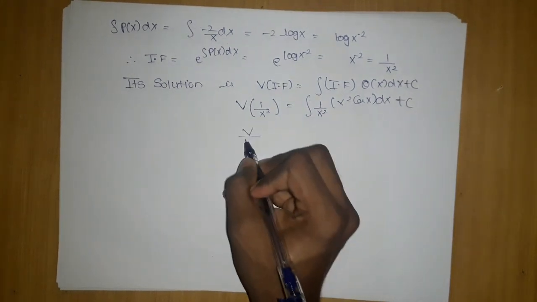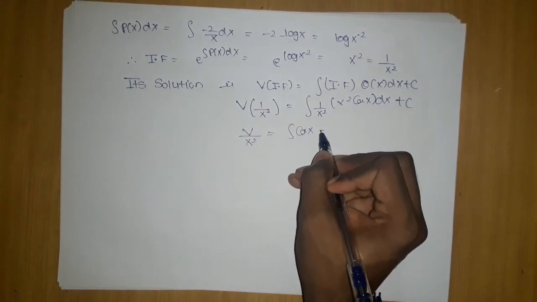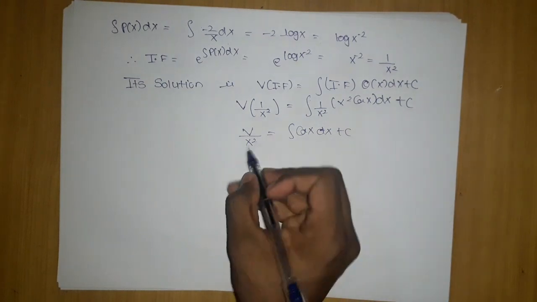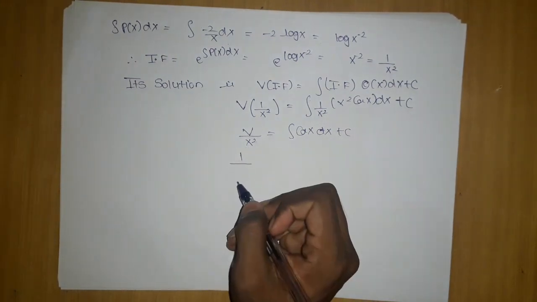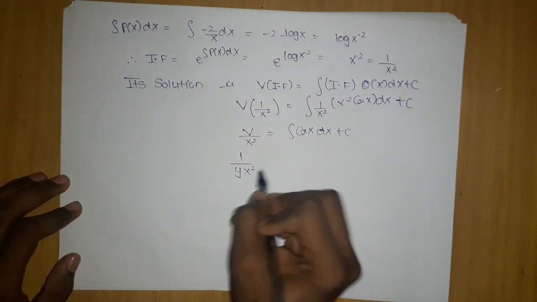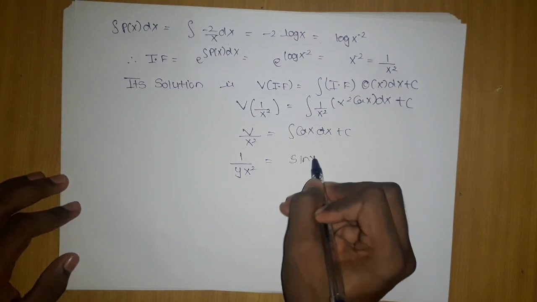We are going to get v upon x square equals integration of cos x dx plus c, and we know the v value, which is 1 by y. We are going to substitute here. Remember, you have to not keep your v as it is, you have to substitute the v value in the end. So 1 by y x square equals sin x plus c.